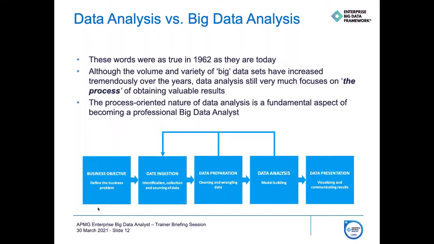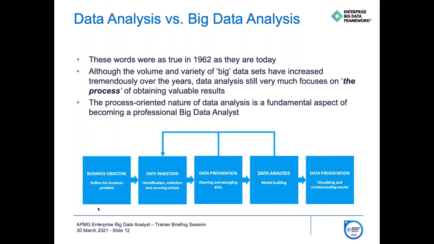However, what of course has changed in the last, especially 2 decades, is that the amount and the size and the volume of data has exploded. So what we've tried to do within this course is really bring the process-oriented structural aspects from data analysis towards the world of big data, so that in an enterprise organization, you can really start to extract value from your different data sources.